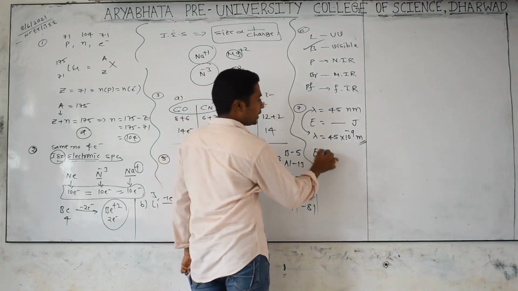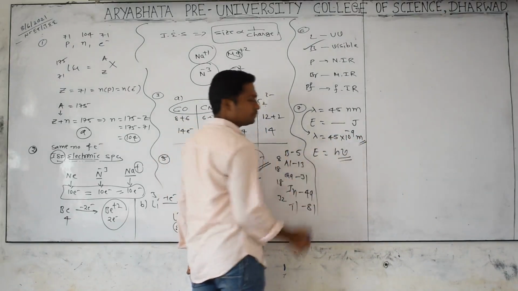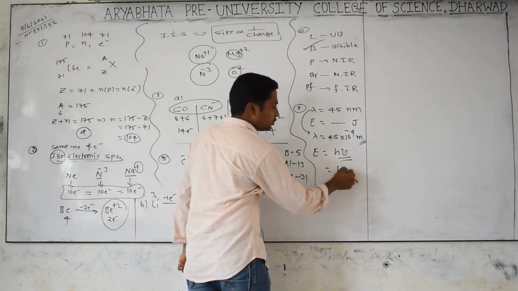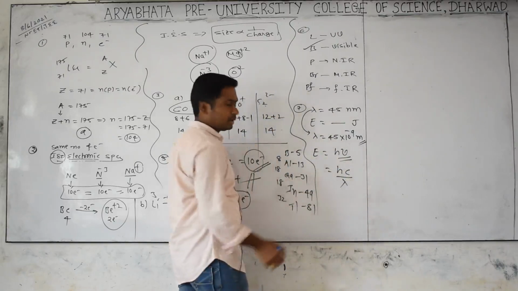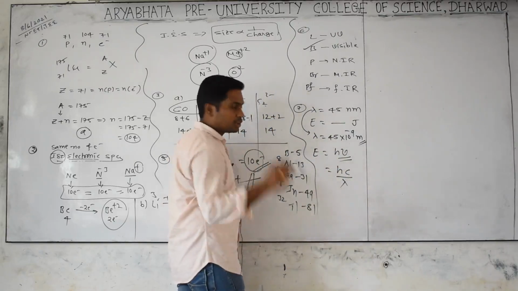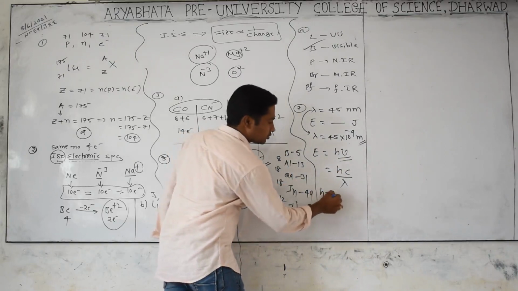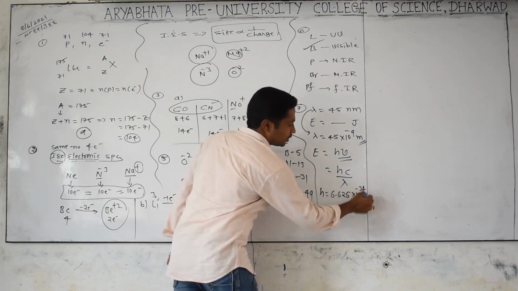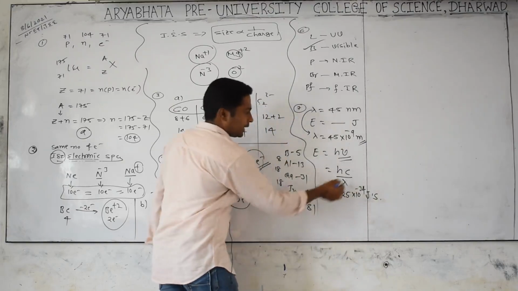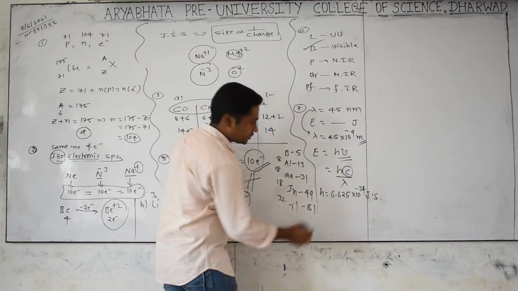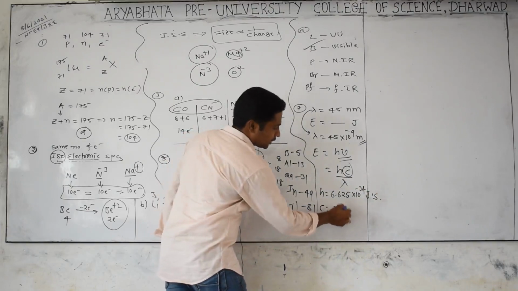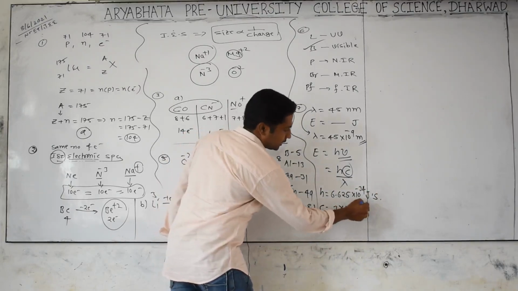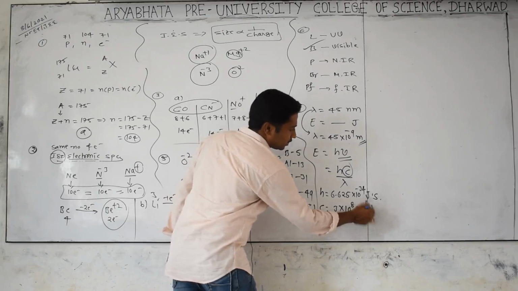We know the formula energy is equal to h nu, and h nu means hc by lambda. What h value has to be taken? H is equal to 6.625 into 10 to the power of minus 34 joule second, and c, the speed of light, is equal to 3 into 10 to the power of 8 meters per second.